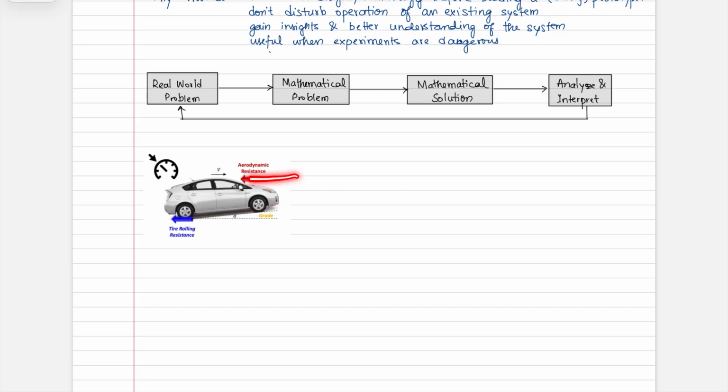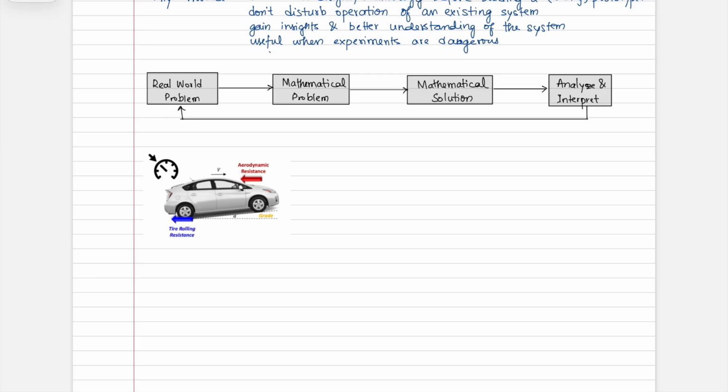So depending on the aerodynamic resistance, the slope, the tire rolling resistance, and so on, your controller has an objective of managing the behavior of this system, that is the vehicle, to meet the requirement that is set by you, the user.